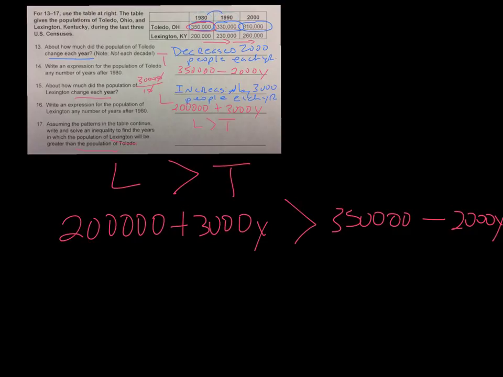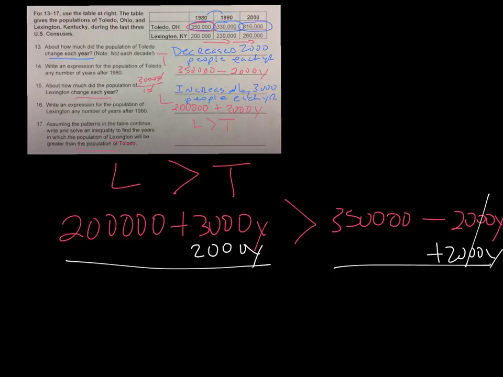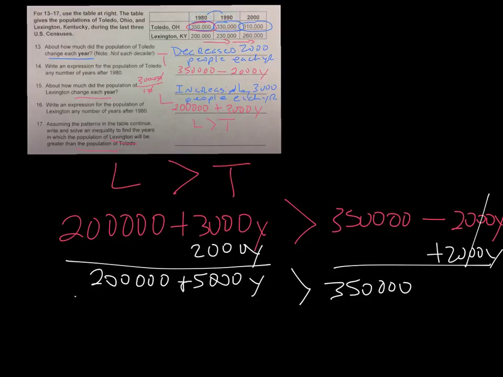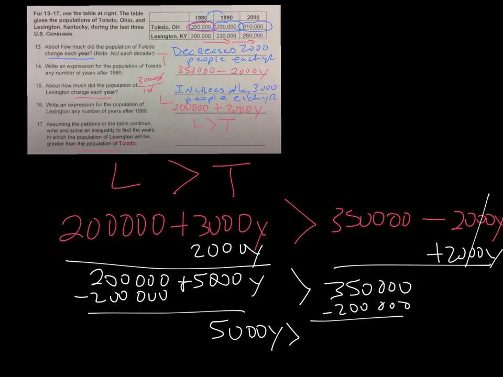Now I'm going to solve it. In this case, I'm going to do my variables first. So I'm going to add 2,000y to both sides. That cancels that out. I'm left with 350,000 and this is 200,000 plus 5,000y. I'm going to subtract the 200,000. That gives me 5,000y is greater than 150,000.